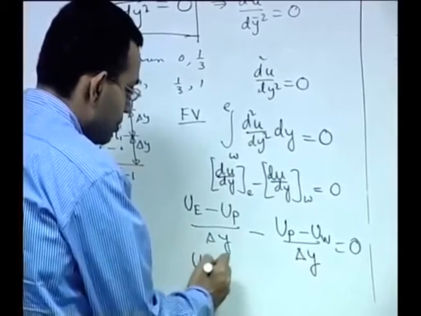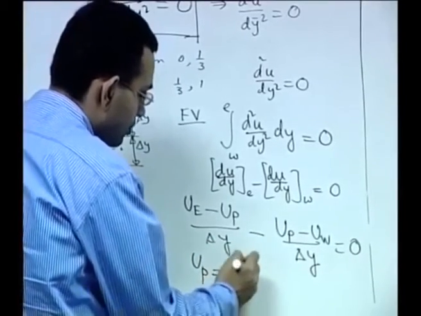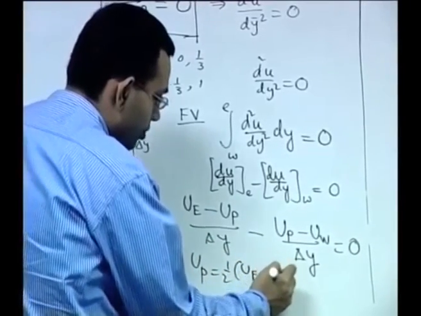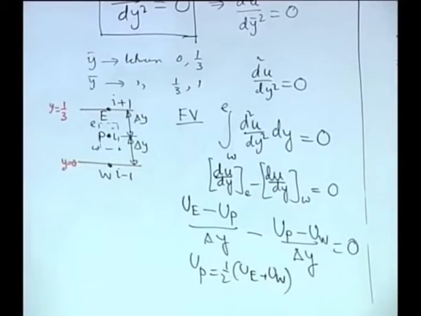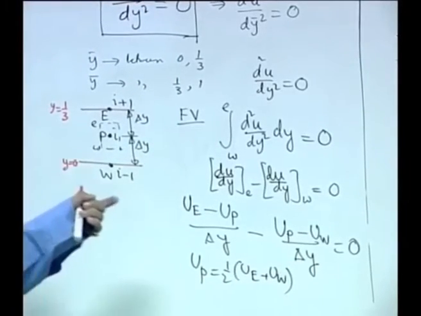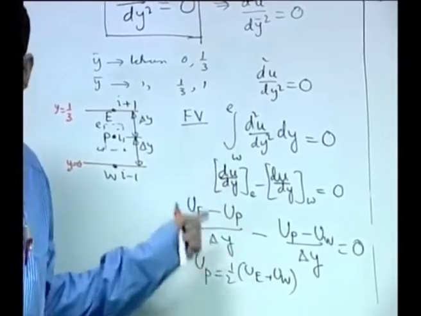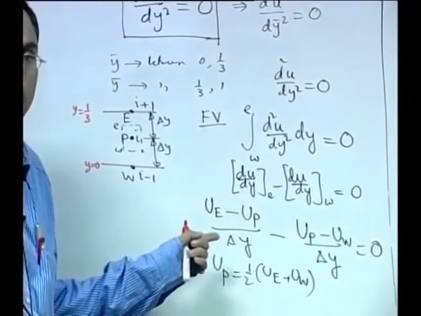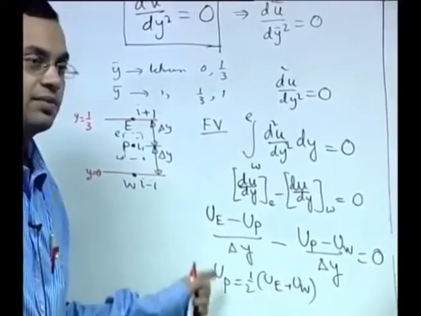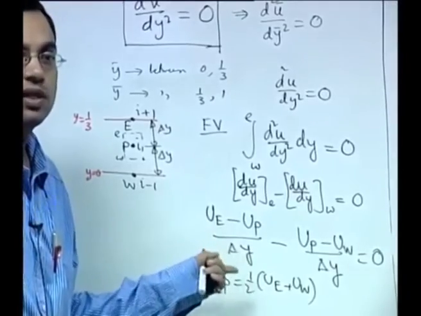So, up becomes half of ue plus uw. You can see that it is exactly the same as the finite difference discretization equation. Because the discretization equation is the same, the solution is also the same.